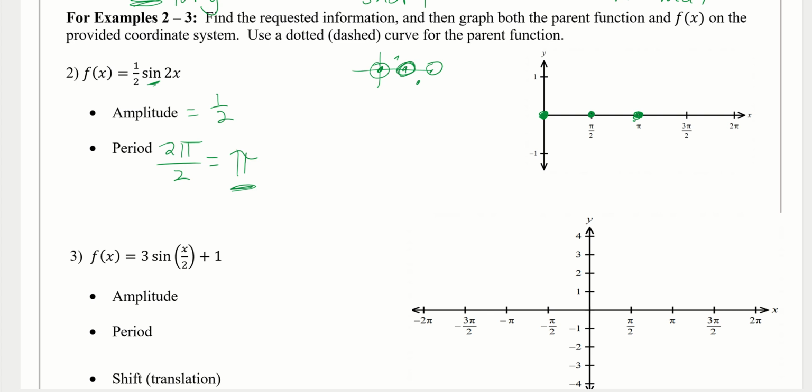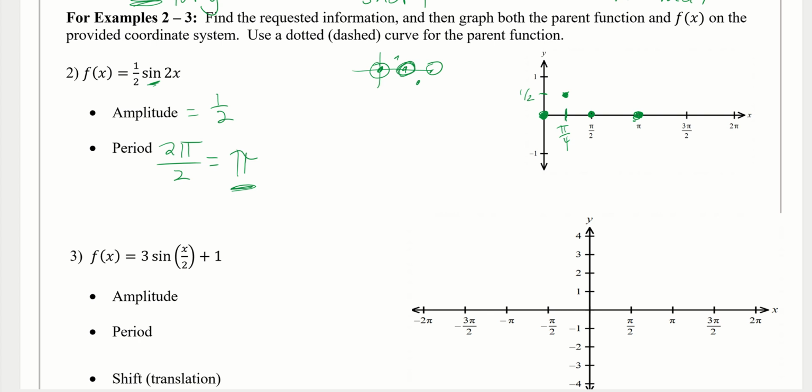Now this one's not reflected, so I know my next point is going to be right in the middle of those 2. That's going to be pi over 4, because that's between 0 and pi over 2. And that's going to be up an amplitude of 1/2. So I'm making the wave a little less tall.